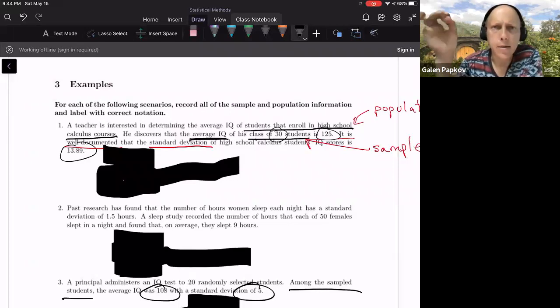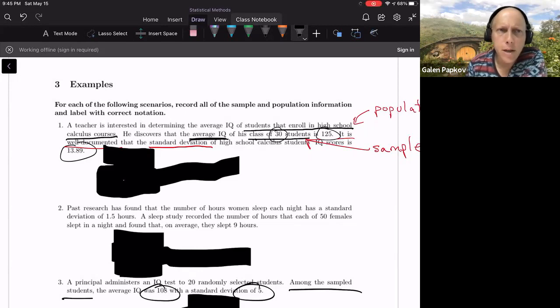So that is the signal that, hey, I'm about to tell you something with respect to the population. Phrases that are very broad or general, like it is well known, it's well documented, it has been shown historically, this is so. Phrases like that are cueing you in to listen carefully. I'm about to tell you something about the population. In this case, it says it is well documented that the standard deviation of high school calculus students' IQ scores is 13.89.